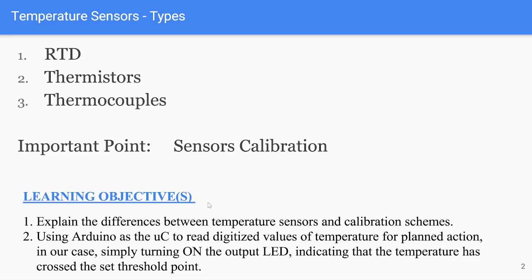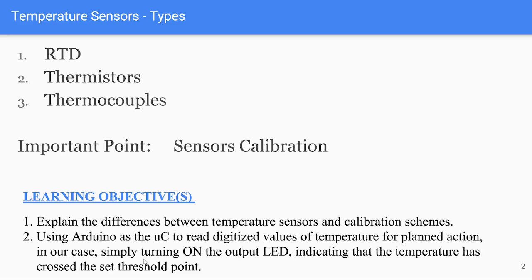So what is the learning objective of this engagement? The lecture is to know the differences between different types of sensors and their calibration schemes, using Arduino as a microcontroller to read digitized values of temperature for respective plant actions.